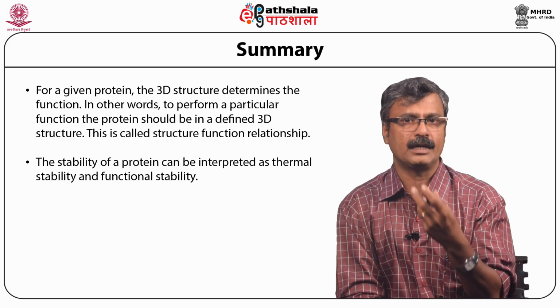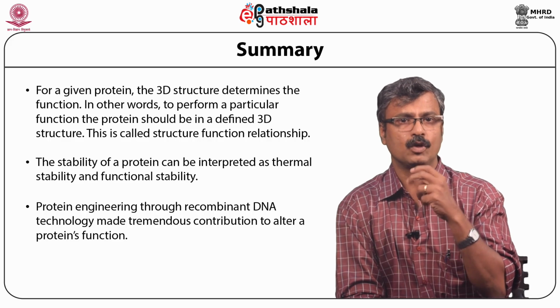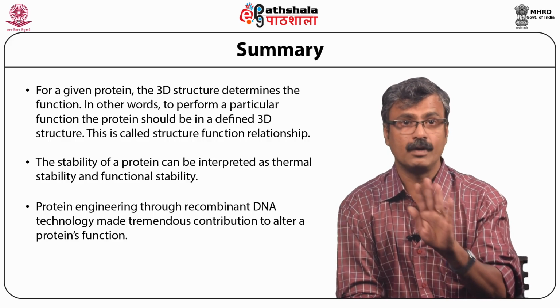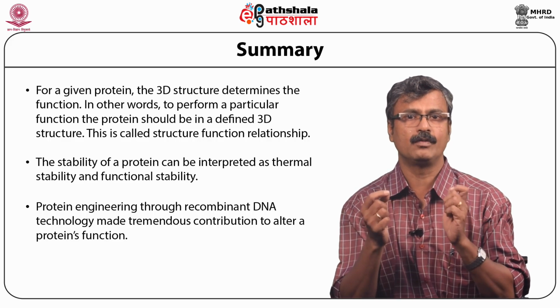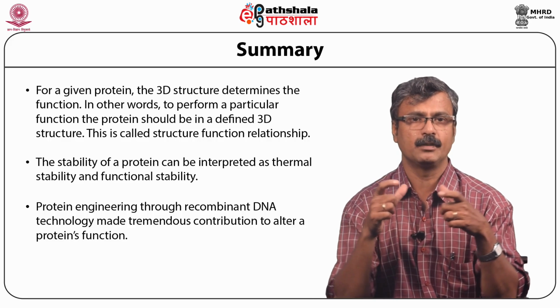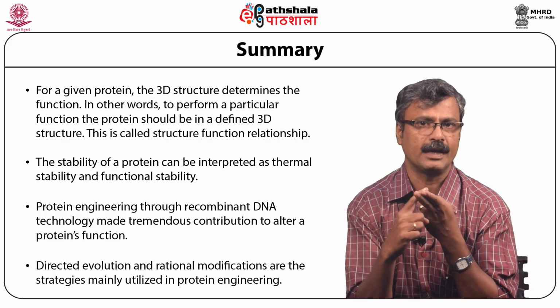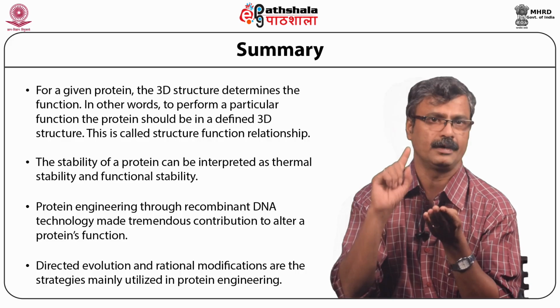Now we attempt protein engineering strategies to make the protein more soluble as well as less dynamic. We are not going to alter its natural dynamics; we want to remove or alter the flexible portions. Directed evolution and rational modification are the two strategies mainly used in protein engineering.